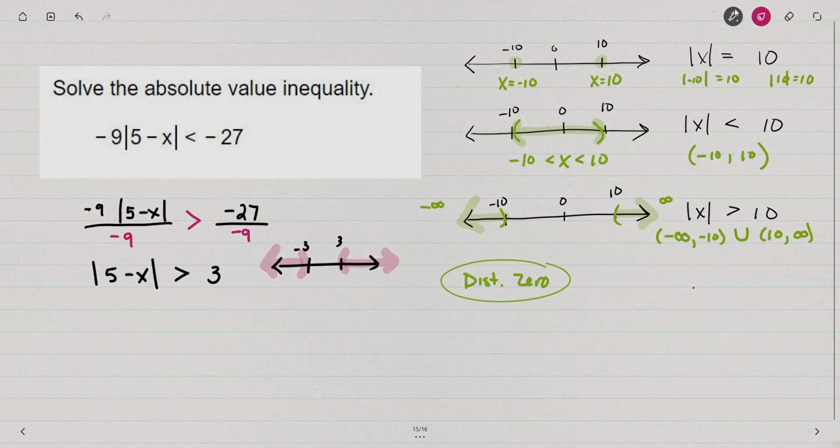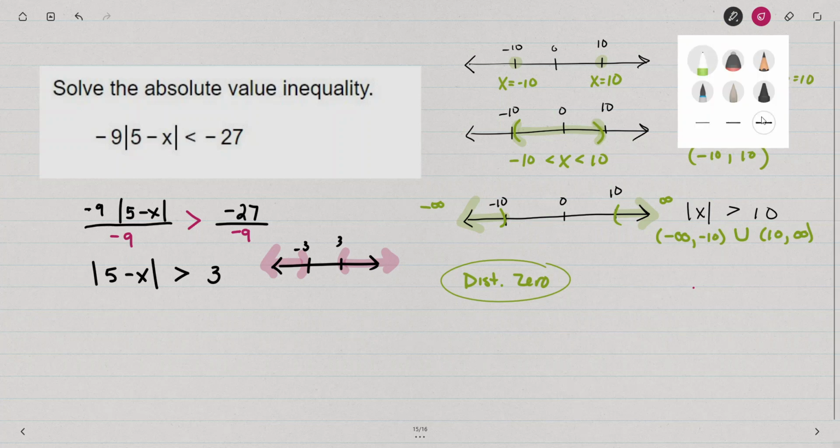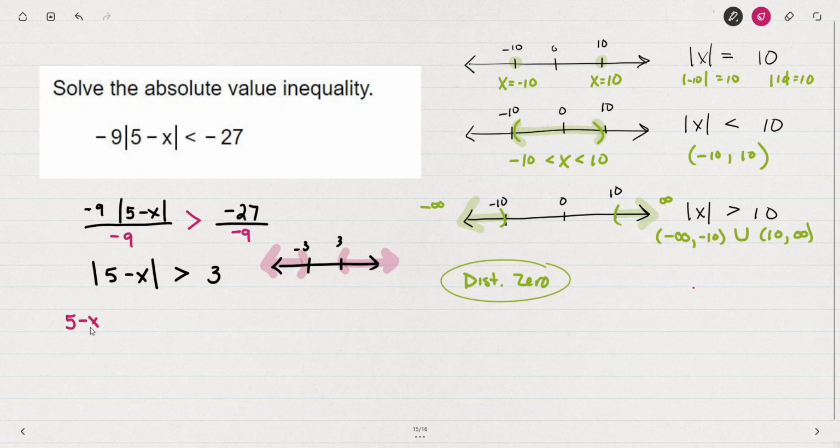And to solve it, we're going to say that 5 minus x is less than negative 3, or 5 minus x is greater than positive 3. So you see this 5 minus x less than negative 3 is this interval, and 5 minus x greater than 3 is this interval.